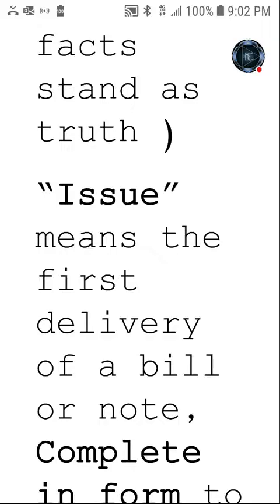Fact stands as true, that's one, and fact stands as truth against you if unrebutted. You got to have sufficient evidence.